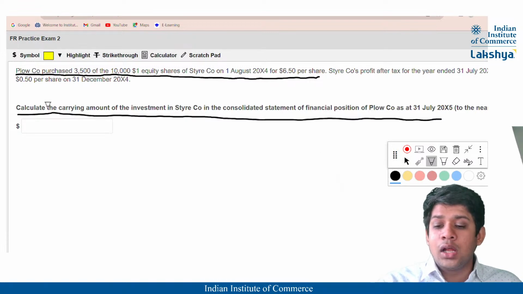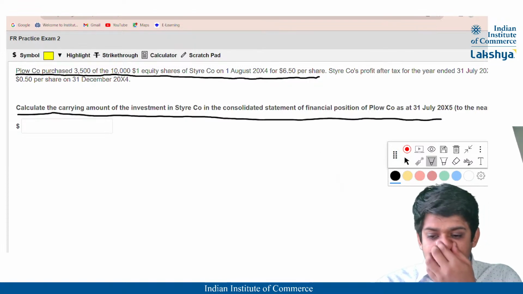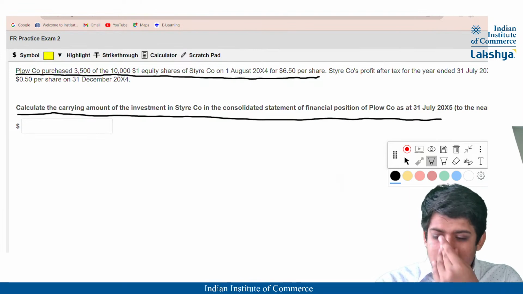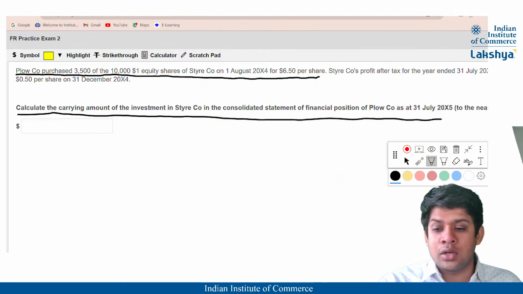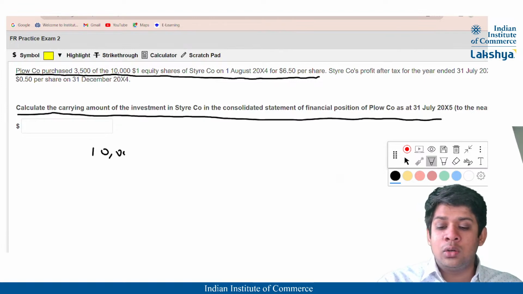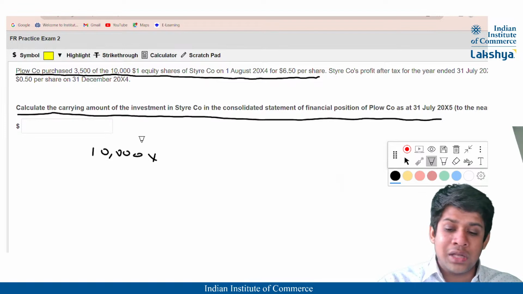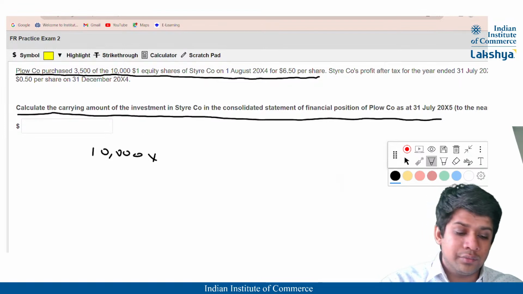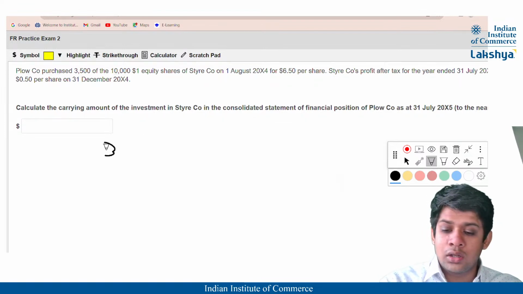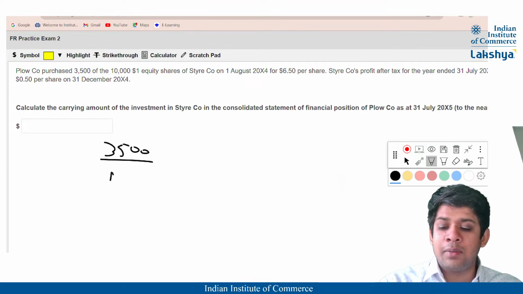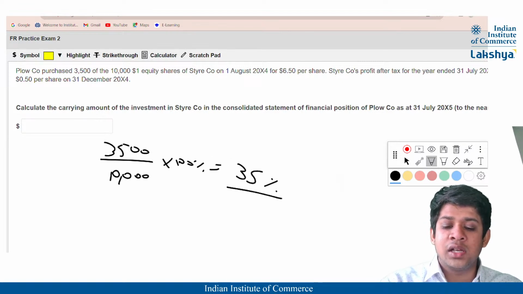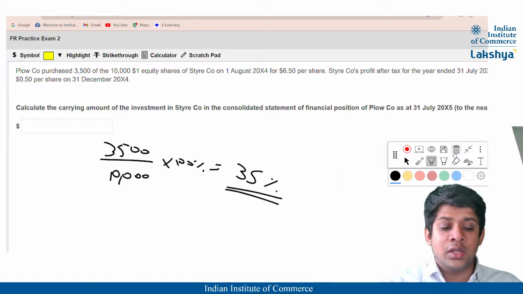So technically, you have to calculate the carrying amount of the investment. Now see guys, this is an investment in associate, because out of 10,000 total shares, I acquired only 3,500. So 3,500 divided by 10,000 into 100% gives me 35% shareholding in the company.